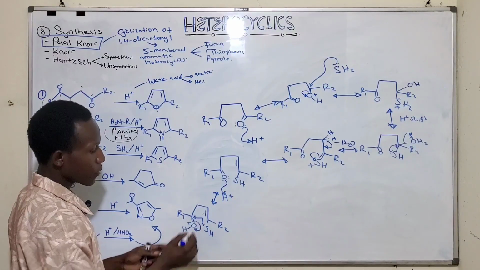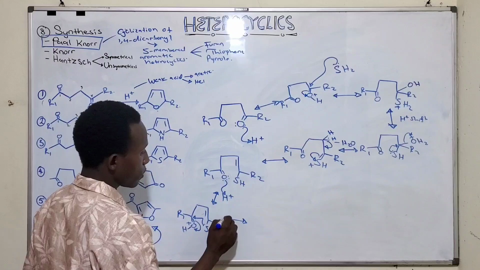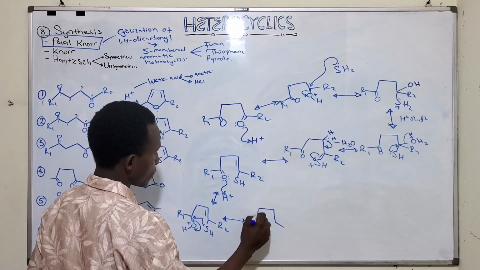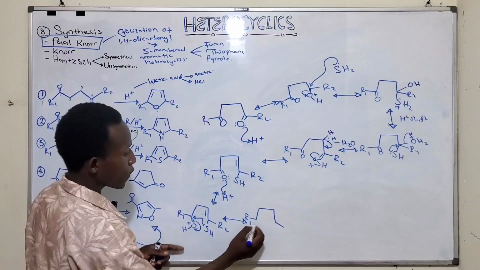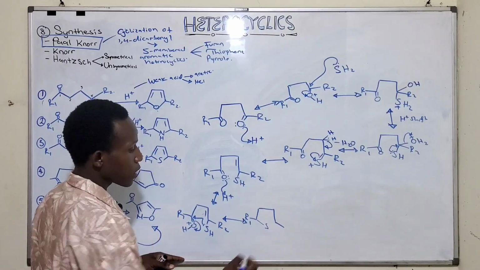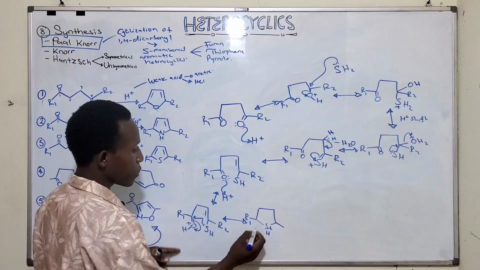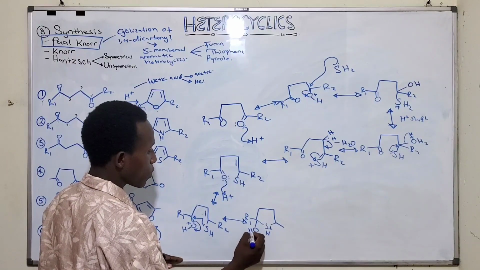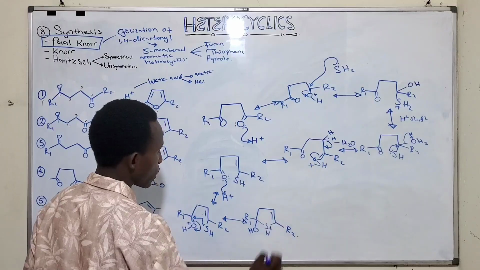Sulfur attacks the carbocation, forming this R1. Then S has closed the ring with a hydrogen, but it's now plus. Then we have the OH group, and here R2 with a double bond.